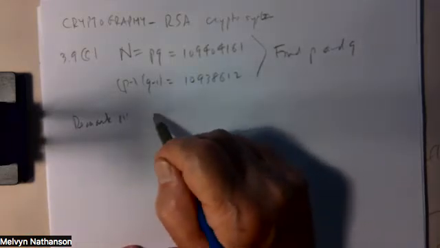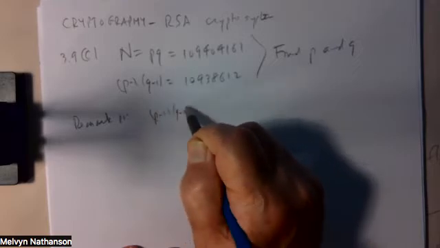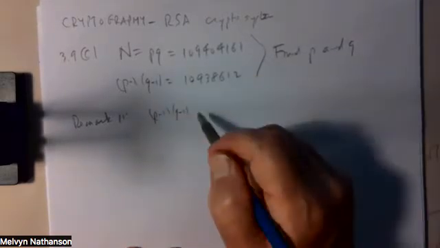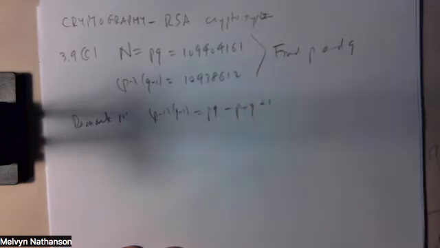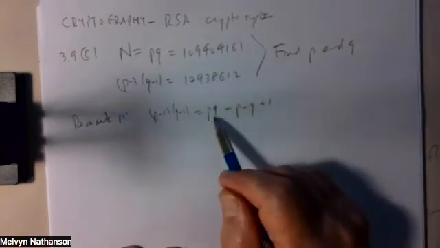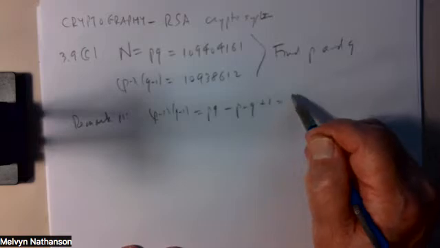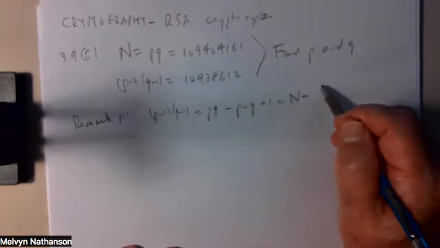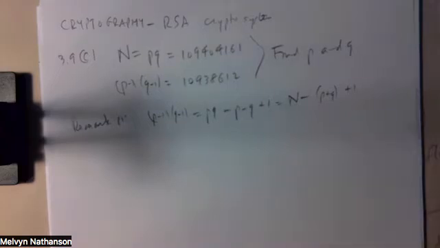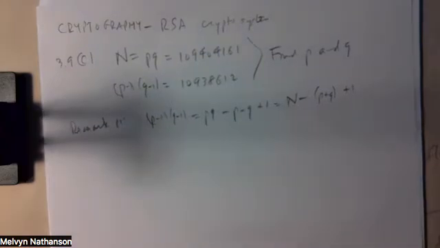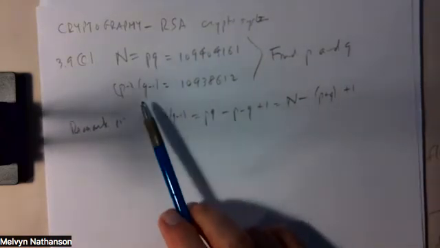So remark 11 says, if you take p minus 1 and q minus 1 and multiply them out, you get pq minus p minus q plus 1. And pq is n. So this is n minus (p plus q) plus 1. So if we know n, and if we know (p minus 1)(q minus 1), that will tell us what p plus q is.